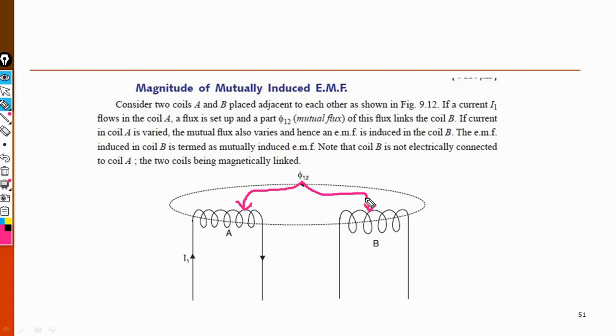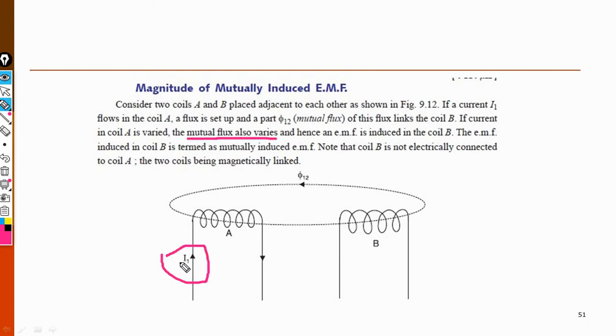Here we need two coils, coil A and coil B, placed adjacent to each other, and current I1 flows in coil A. That means current I1 is flowing through coil A. Then flux is set up, and this flux is called the mutual flux, phi 12. If the current in coil A varies, then the mutual flux also varies.